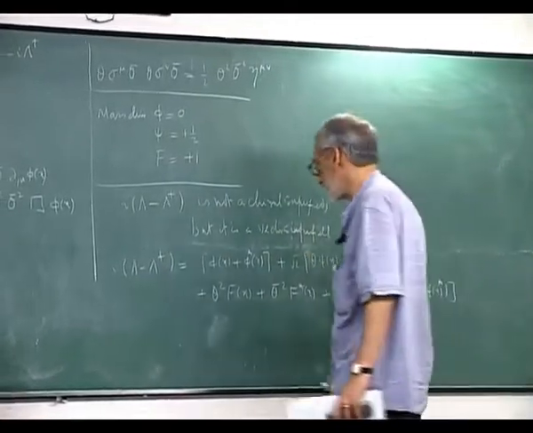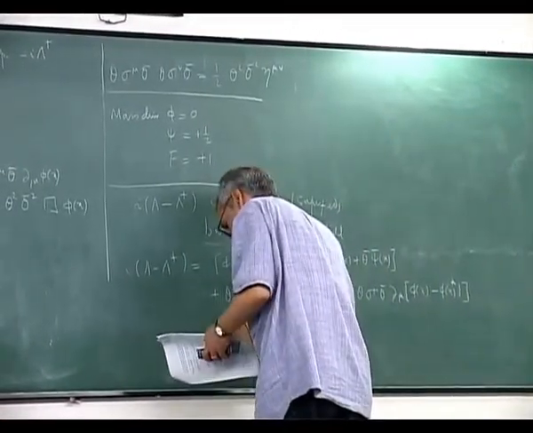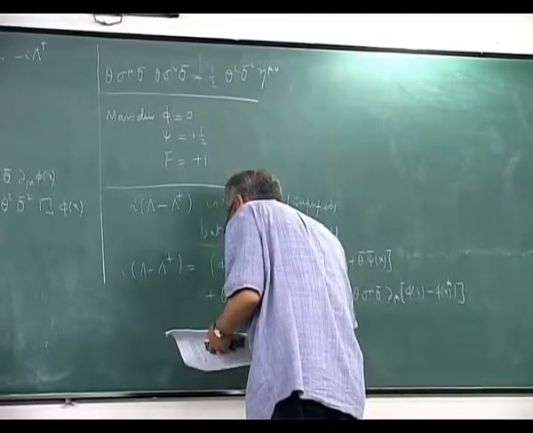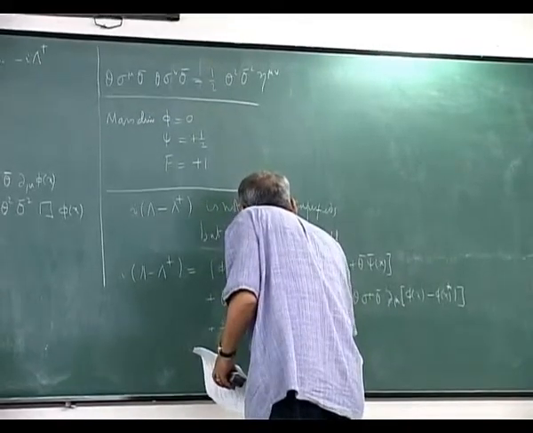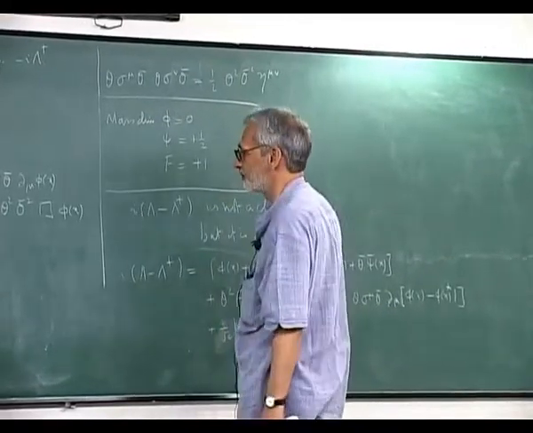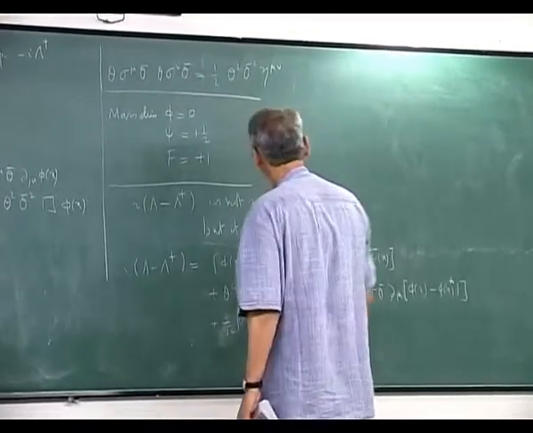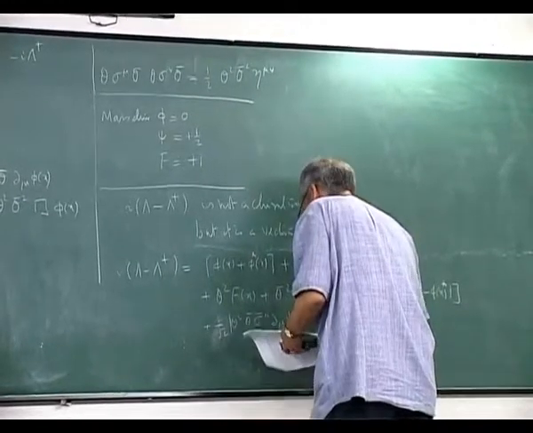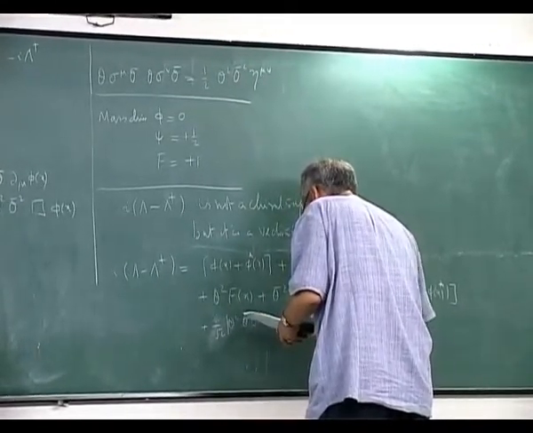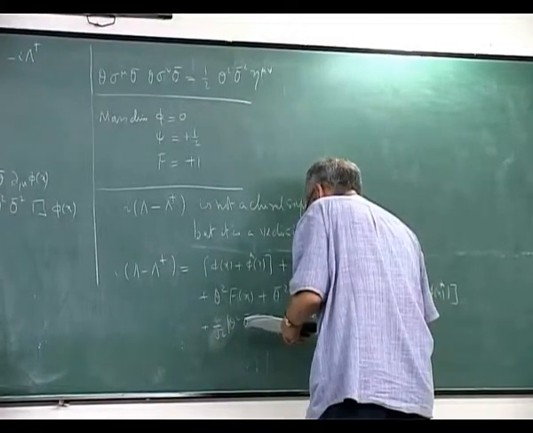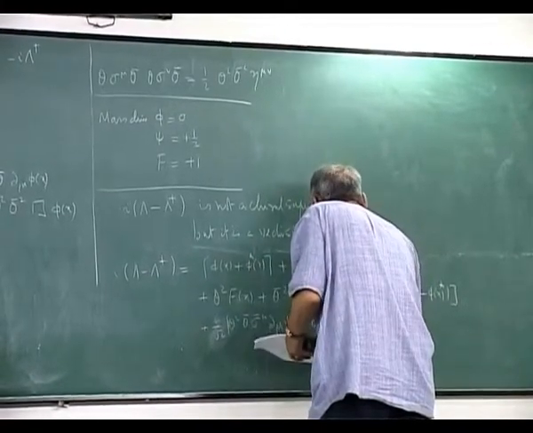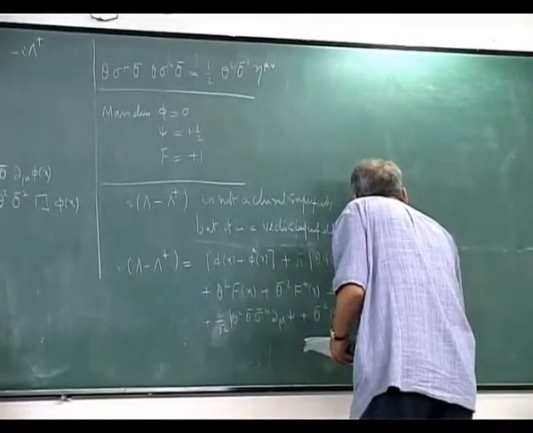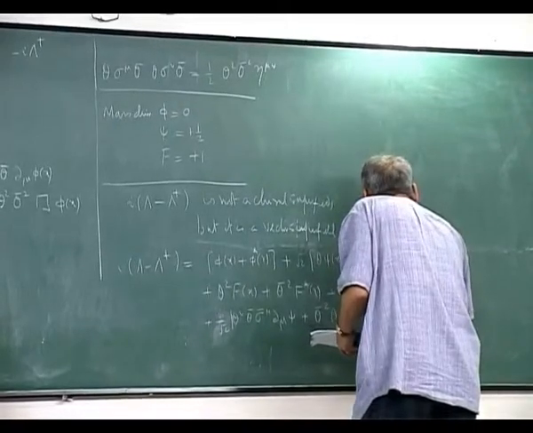Then I have the 3 theta term, i by root 2 theta square theta bar sigma bar mu d mu psi plus theta bar square theta sigma mu d mu psi bar of x.